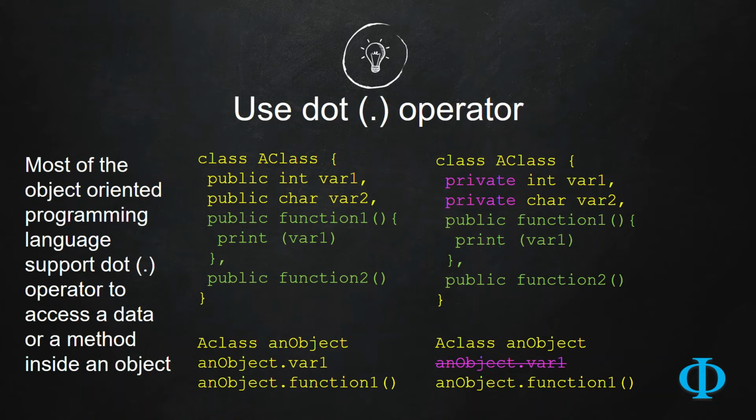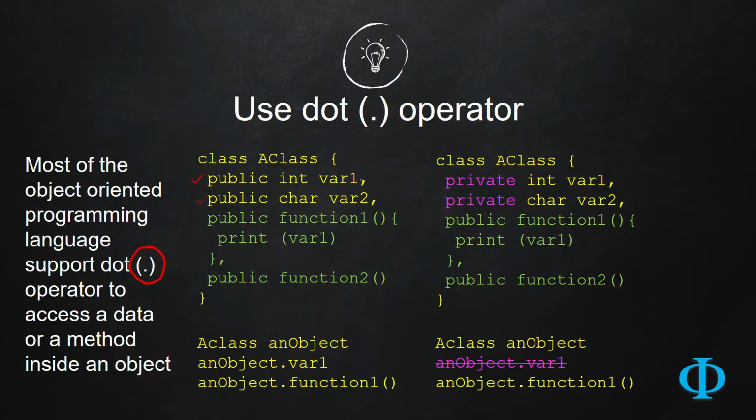Most object-oriented programming languages like C++ and Java support the dot operator to access data or a method inside an object. So just consider this example.